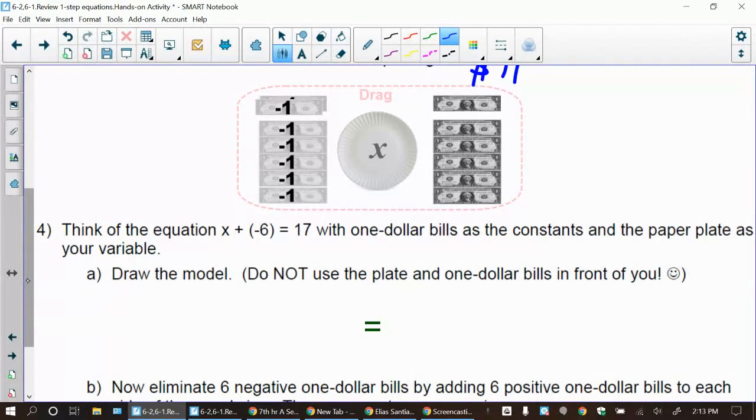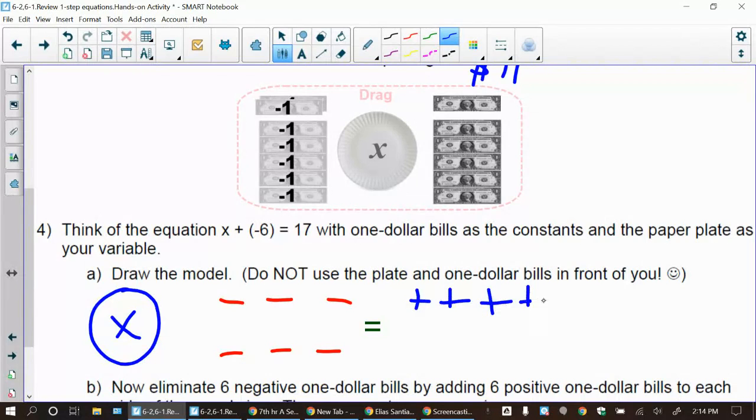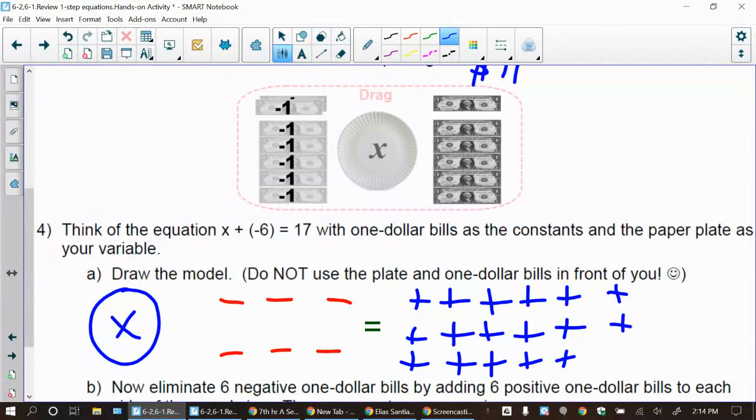Okay, so once again, here I'm going to draw my x, but then it says I have 6 negatives, and then I have 17 positives. 1, 2, 3, 4, 5, 1, 2, 3. There's 10, 11, 12, 13, 14, 15, and then 2 more to make 17.